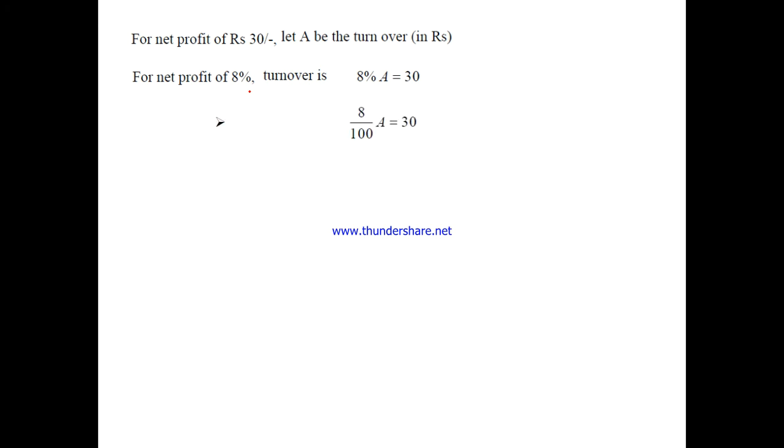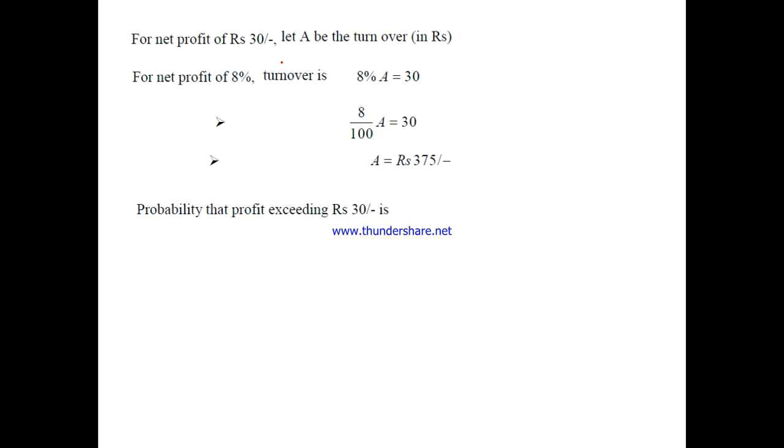Therefore, our A over here is rupees 375. This A is the turnover. If you have to get a profit of rupees 30, then our turnover should be rupees 375.